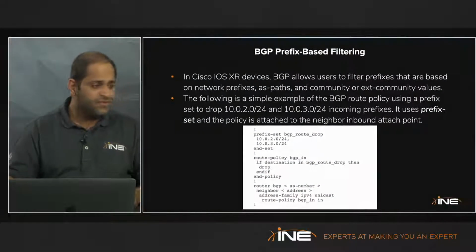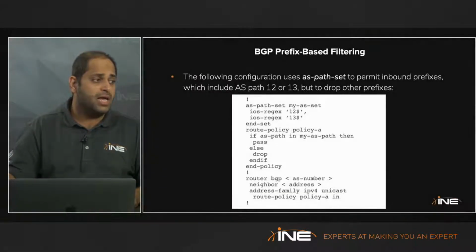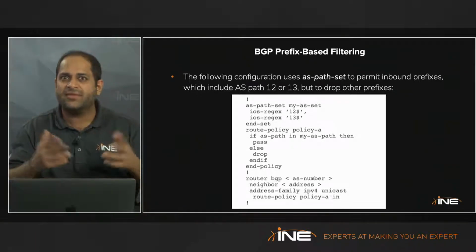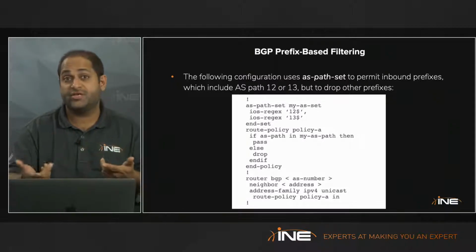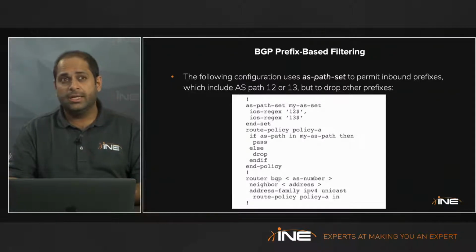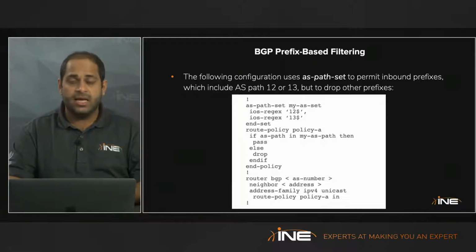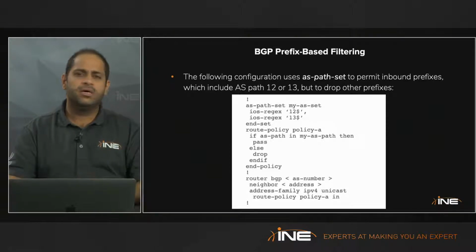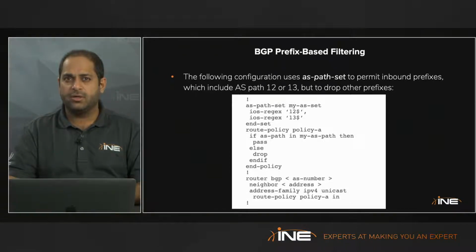Now we could even filter routes based on AS number. If you remember in IOS XR, there was something called an AS path access list, which basically uses regex to match ASs. Instead of matching prefixes, I match ASs. Similarly here, I could match traffic based on the AS.